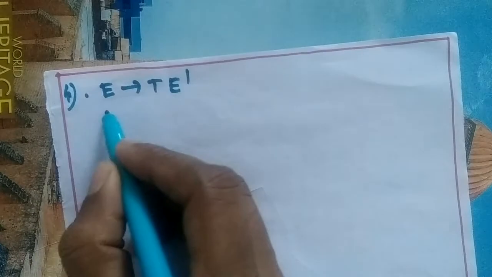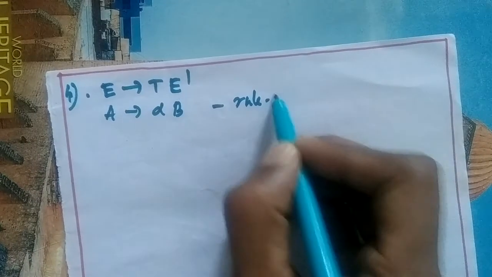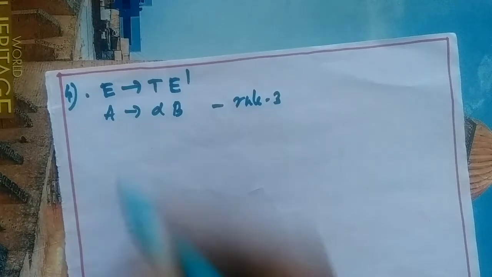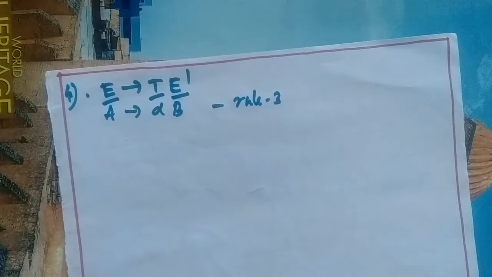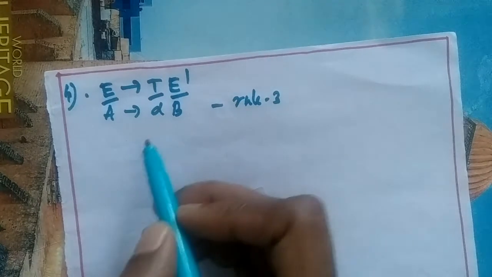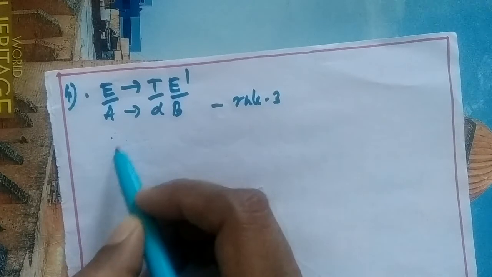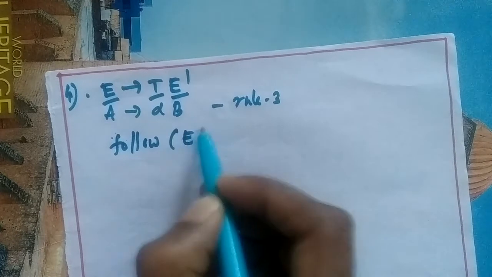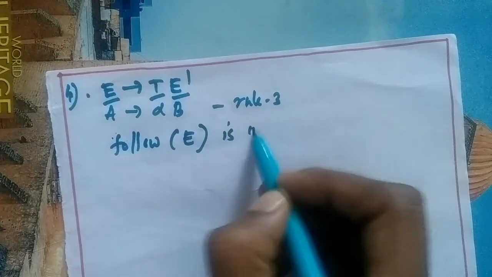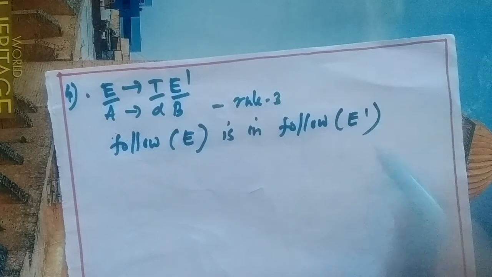This is of the form A gives alpha B, which means rule 3. So this is A, this is alpha, this is E dash. I will apply rule 3. Rule 3 says everything in follow of E is in follow of E dash.